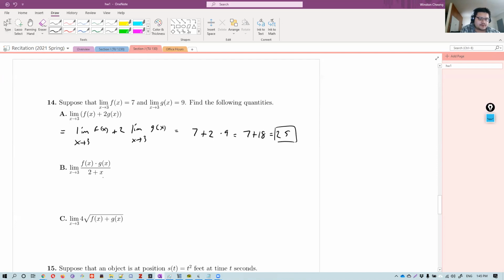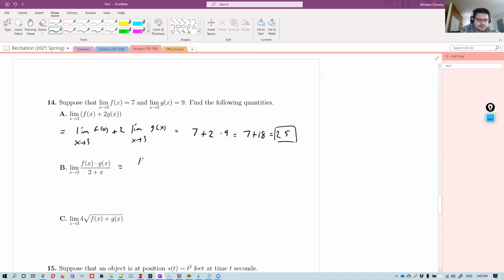For part B, we do the splitting again. So we can split the limit around the division, and then we'll split it across the multiplication, and technically we're sort of splitting it over the addition as well.